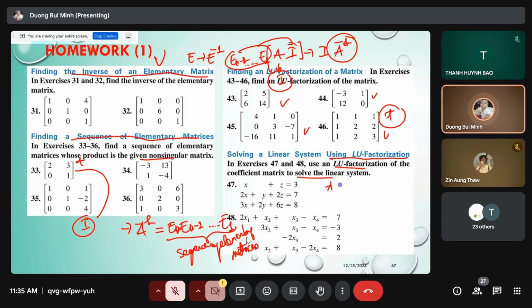We need to factorize A into L times U, and then A times X equals B means L times U times X equals B. That means you set Y equal to U X, and L times Y equals B. You know L, you know B, so you get Y. When you get Y, you can get X.